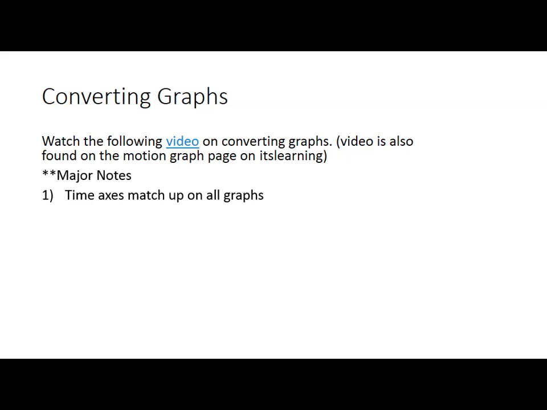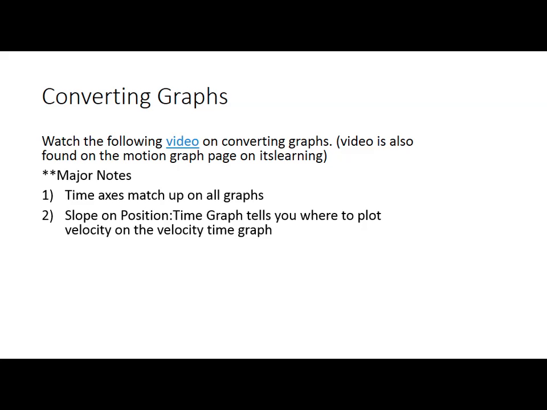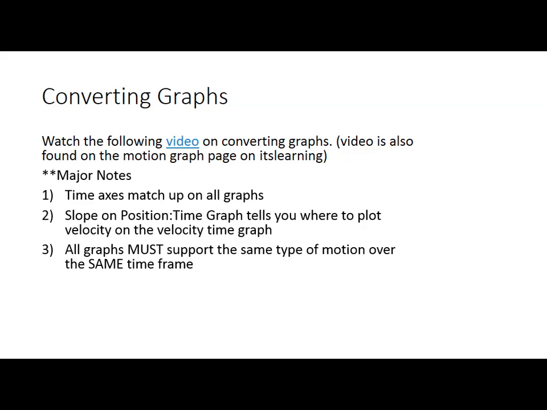The object is changing displacement, changing velocity, and accelerating all over the same time interval. So when I go from one graph to another, the time axes do remain the same. Again, the slope on a position time graph will tell you where to plot the velocity on a velocity time graph. All graphs must support the same type of motion over the same time frame.